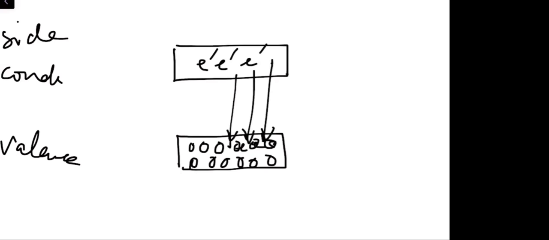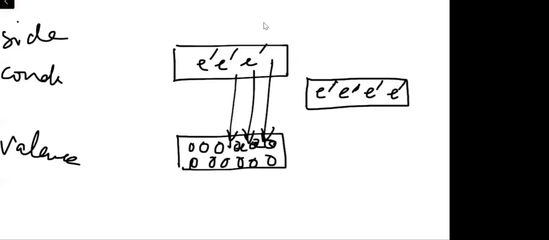So what happens now is that the net conduction band energy level is lower than the p side conduction band, right? And when it is getting lower, it means the conduction band on the n side is at a different energy level as compared to the conduction band on the p side. This is the p side and this is the n side.